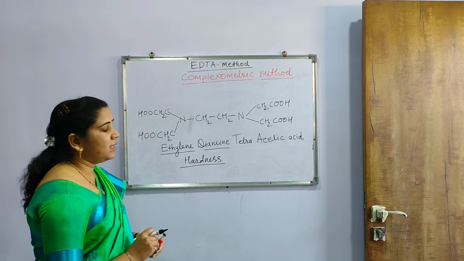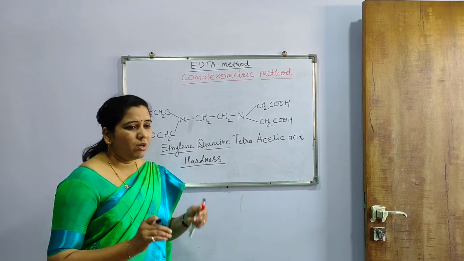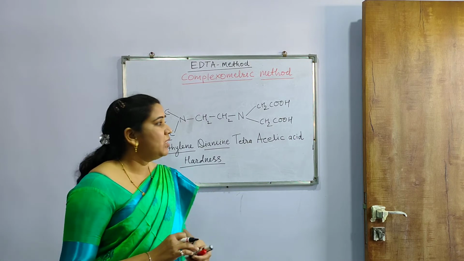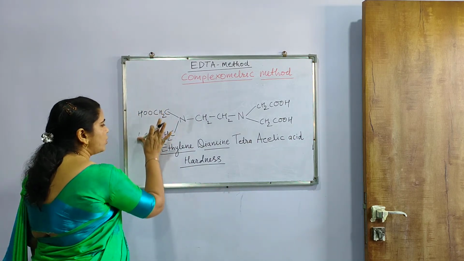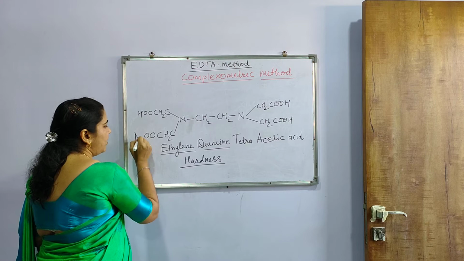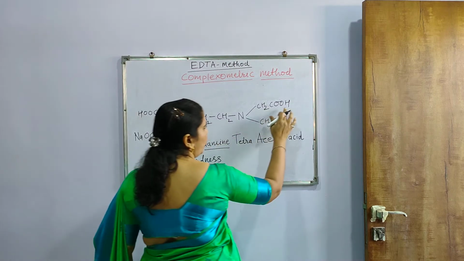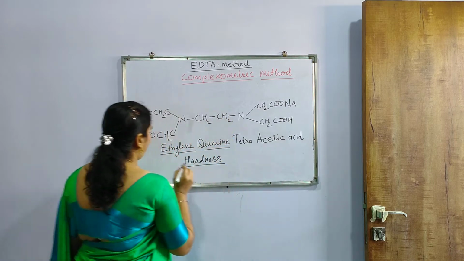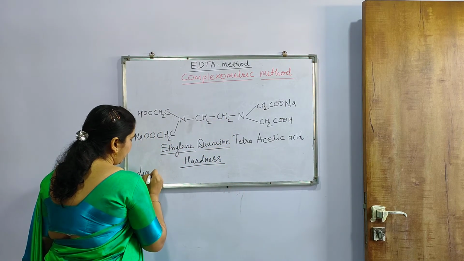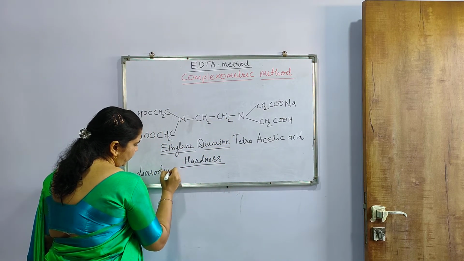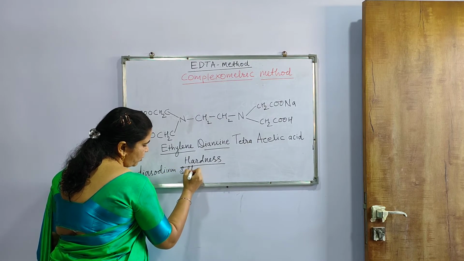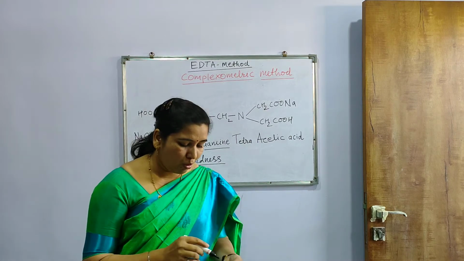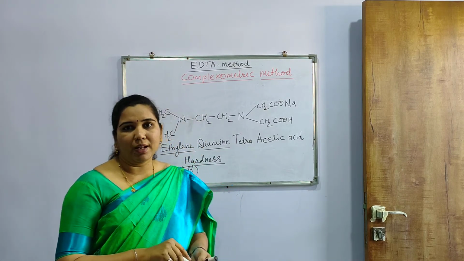As EDTA is a very stable type of molecule, to make it more stable, two hydrogens from the two opposite sides are replaced by sodium ions to form the disodium salt of EDTA, which is most stable but also reactive toward a particular metal ion.